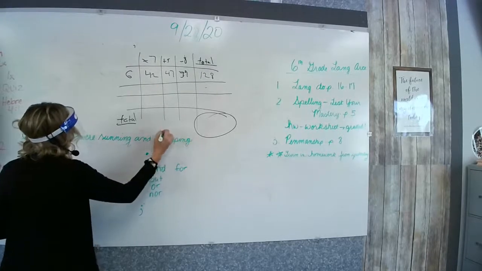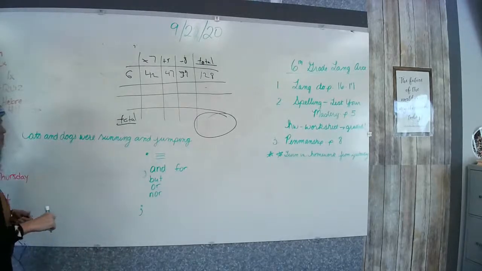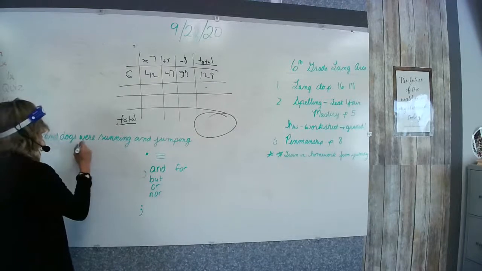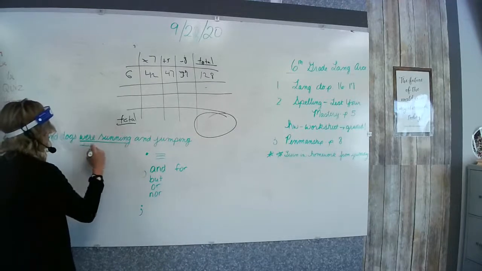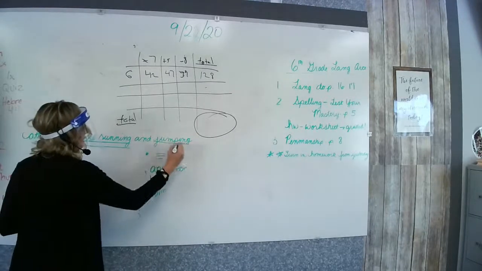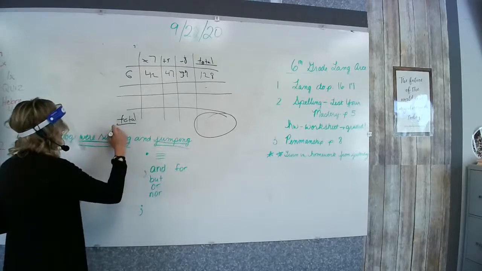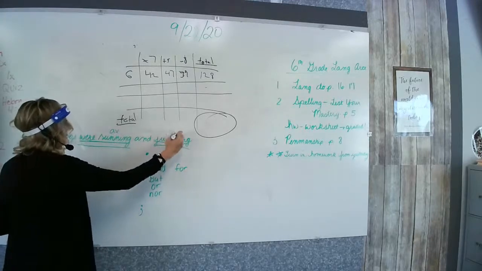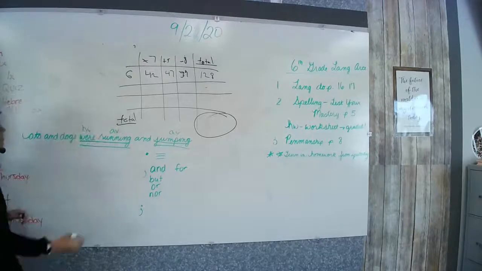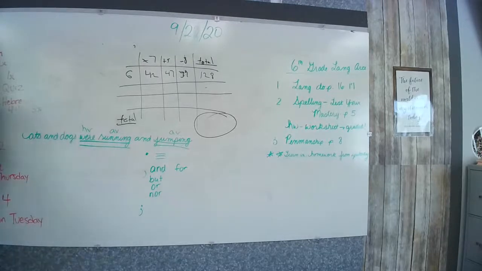What are your verbs here? Shout it out if you know it. You have a helper though too. Don't forget the helper. That's part of the verb phrase, okay? So we have 2 verbs here. We have an action verb, and a helping verb. Who or what were running and jumping? Cats and dogs.